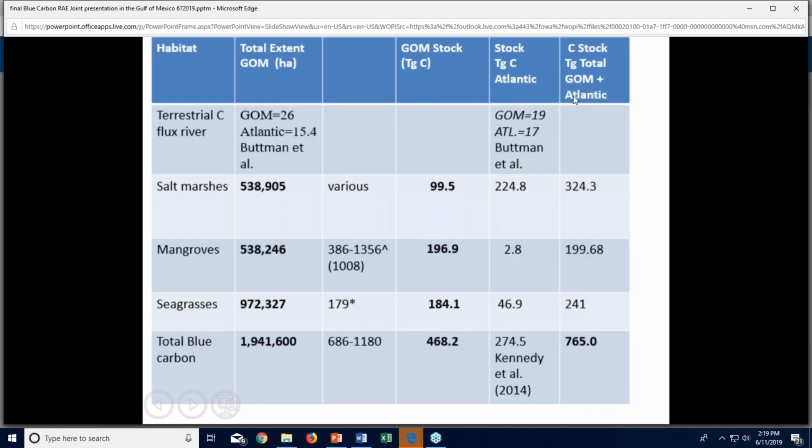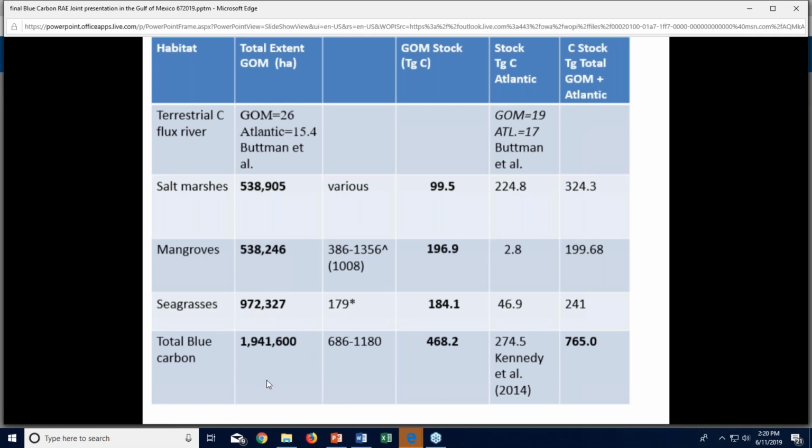So here we're looking at the total GOM extent, and I'm getting ahead of myself because Jorge is going to talk to you about his excellent mangrove research. But the salt marshes and the mangroves are somewhat similar, and the seagrasses are about double that, making about totally close to 2 million hectares.